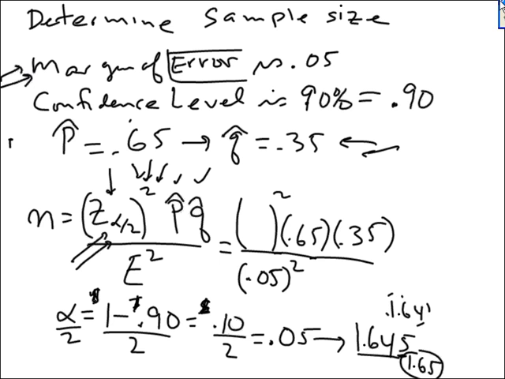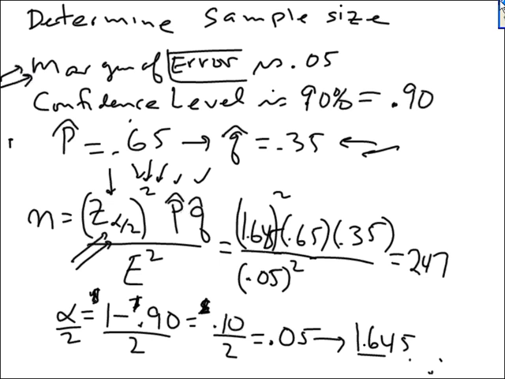But no matter what, it should say on your Z table in the bottom, next to an asterisk, that 0.05 is 1.645. That's the Z-score, 1.645. And when you multiply those numbers and square some of them, you get 247.